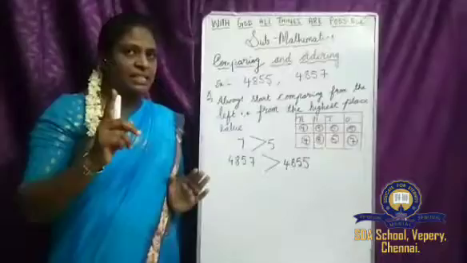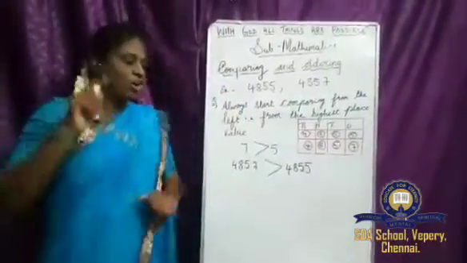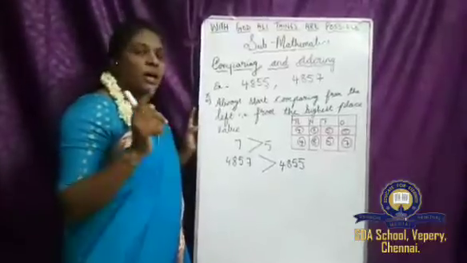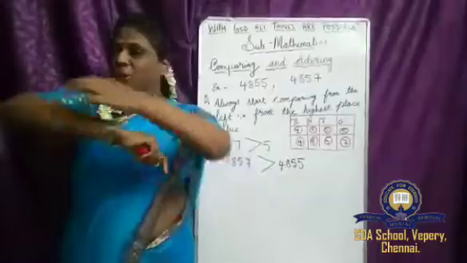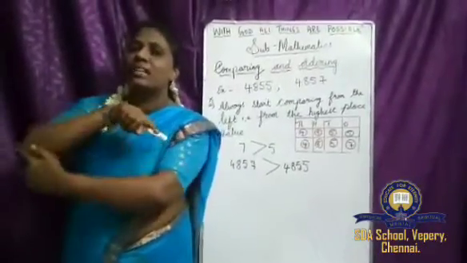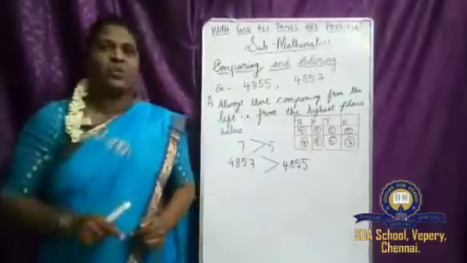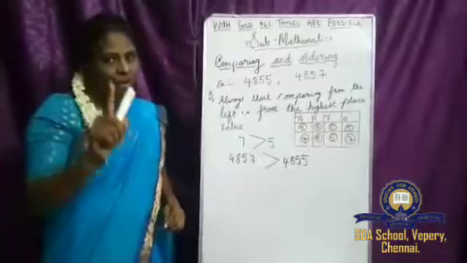Children, listen carefully. The signs greater than and less than are always used to compare numbers. The pointed side is always towards the smaller number.